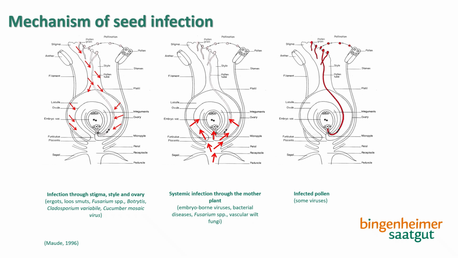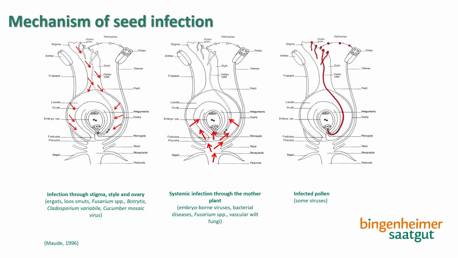More specifically, seed infection can occur through several pathways: the stigma, style, and ovary, as in the case of ergots, loose smuts, some Fusarium species, Botrytis, Cladosporium, but also, for example, cucumber mosaic virus. Then systemic infection through the mother plant.